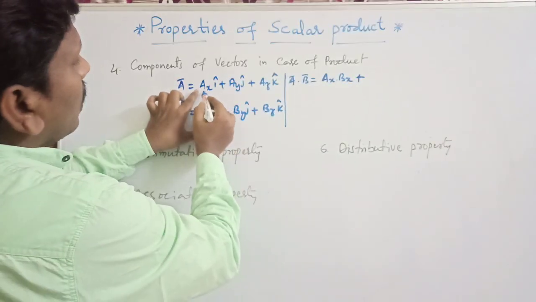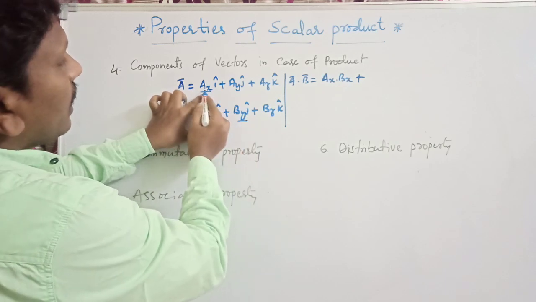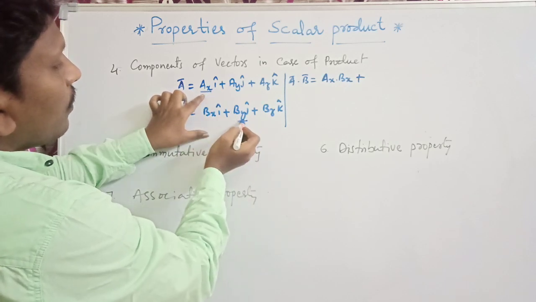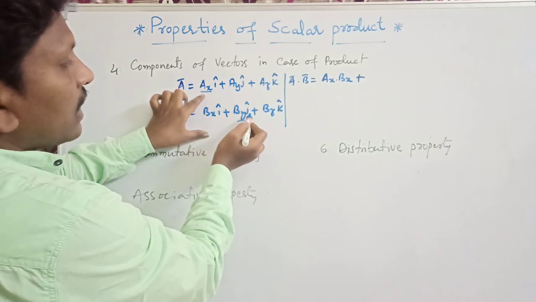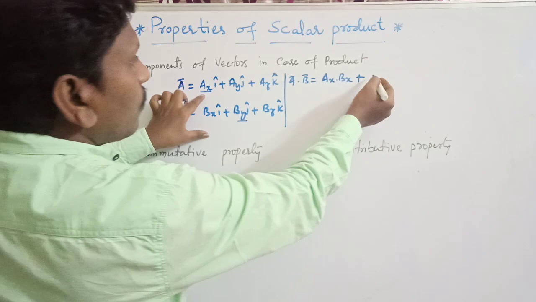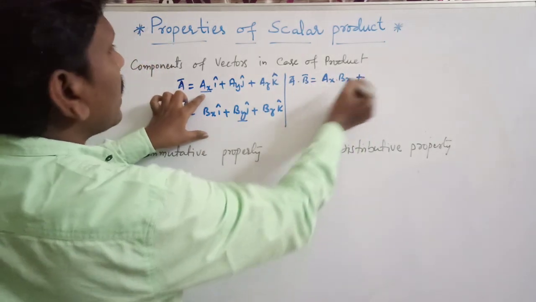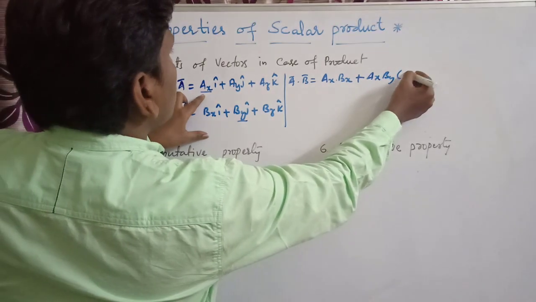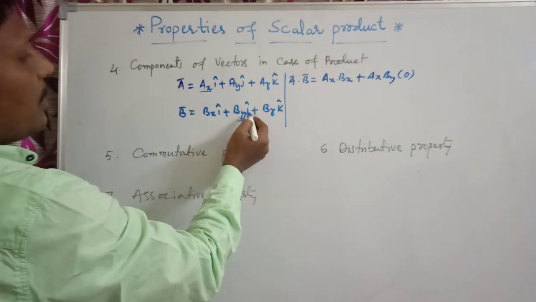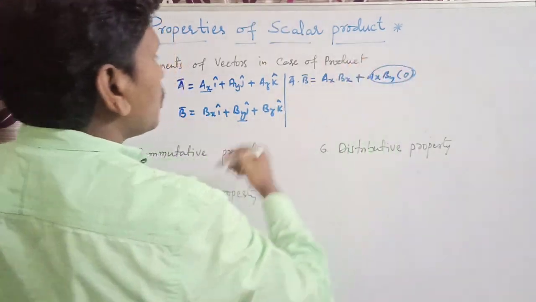If you multiply ax with by, that is ax by into i cap dot j cap. i cap dot j cap is equal to 0, so this total term becomes 0.